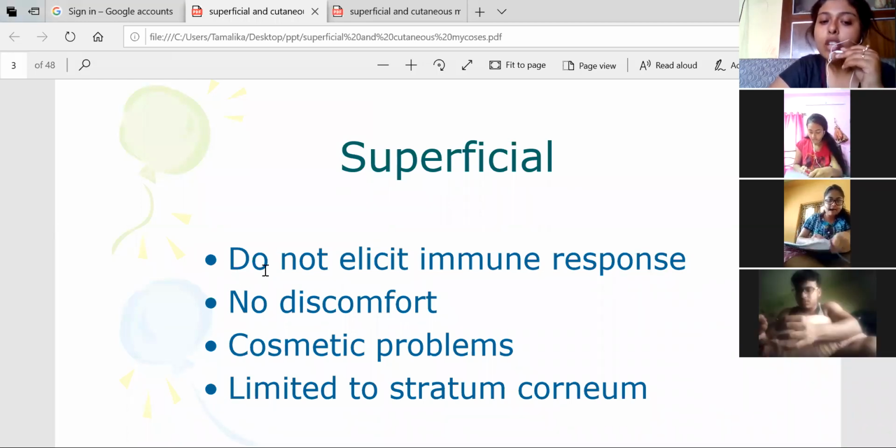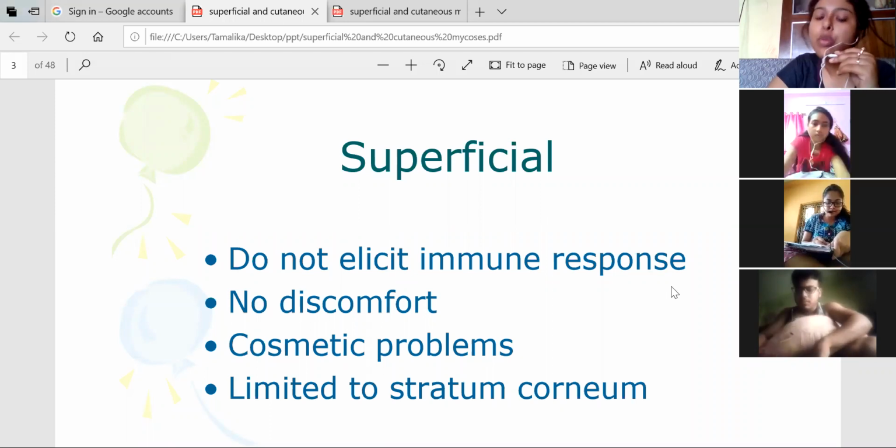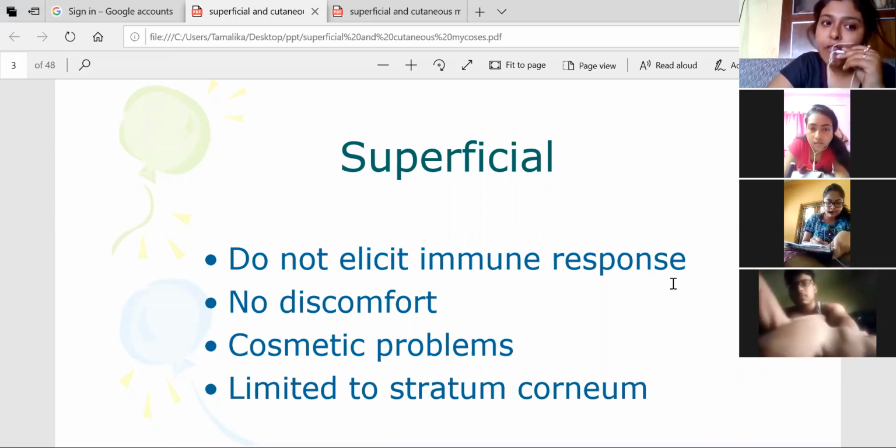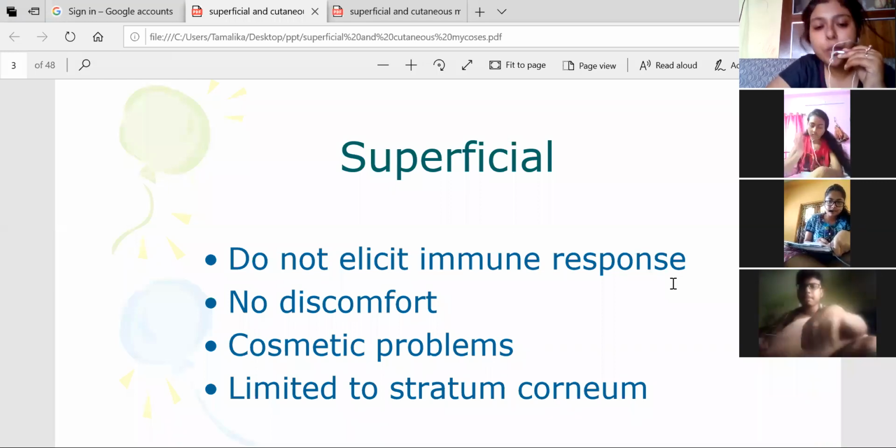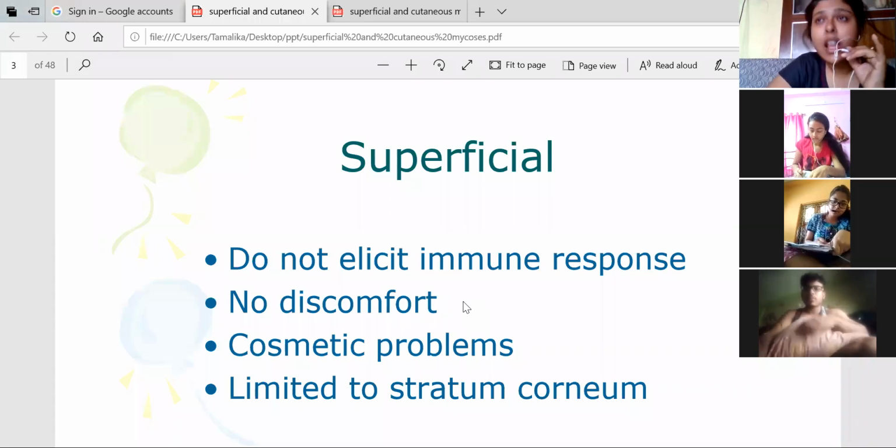Next are some basic characteristics of superficial mycosis. First, it does not elicit any immune response. If you have this disease, it doesn't elicit any specific immune response like other diseases. The second thing is that you may not have any discomfort associated with the disease. Usually when we have a disease, we have some discomfort or problems which let us know that we are suffering from disease.